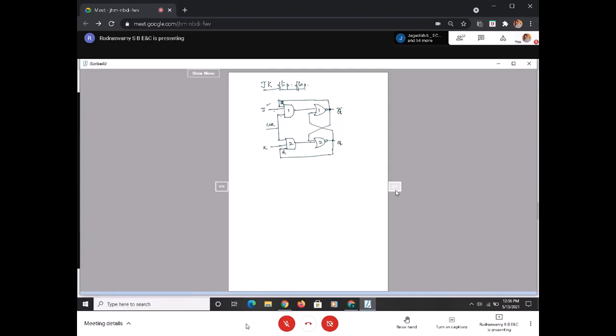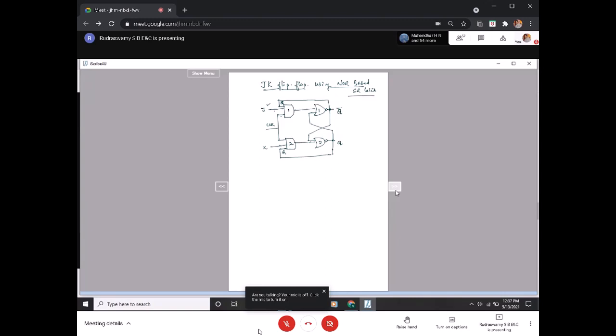Hope this is fine now. This is the JK flip-flop using NOR based SR latch.